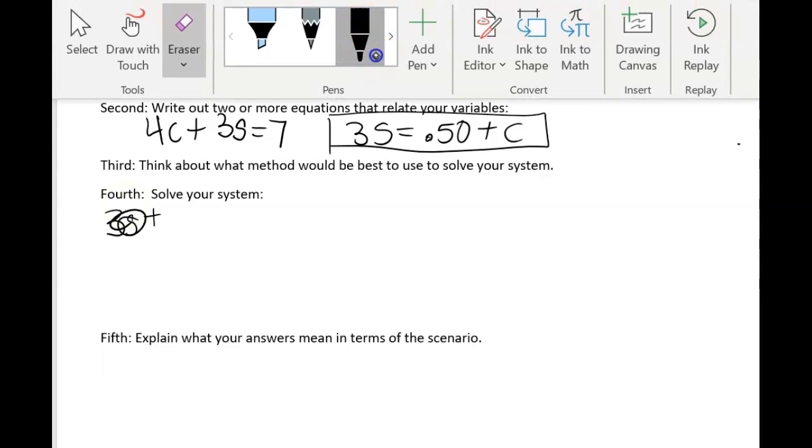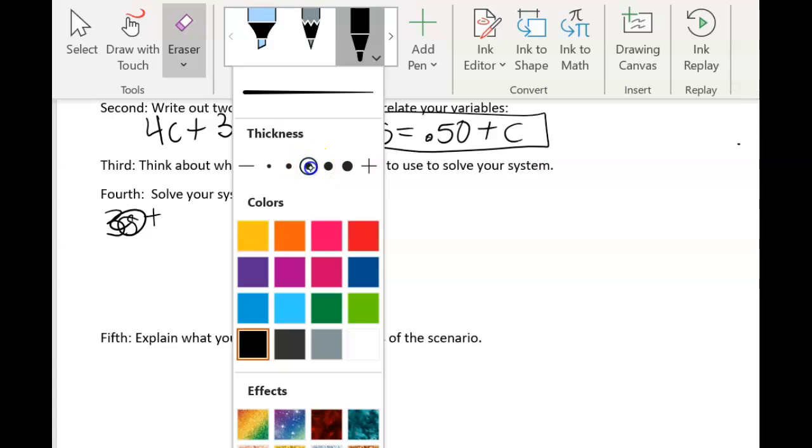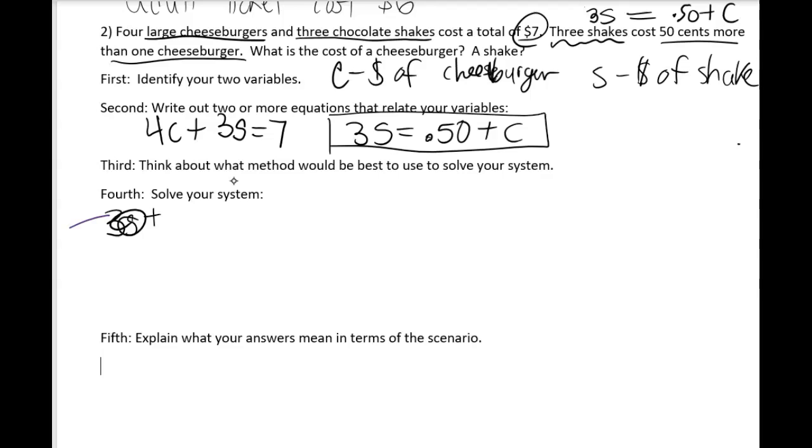Alright, so I'm going to take that 3 shakes is equal to 50 cents plus a cheeseburger, and I'm going to solve for C. So I'm going to subtract that 50 cents over. And we're going to plug that in.